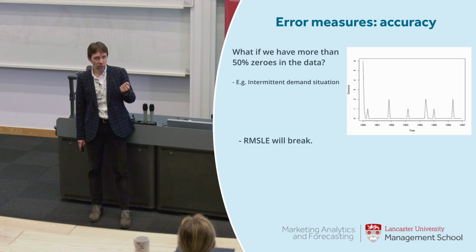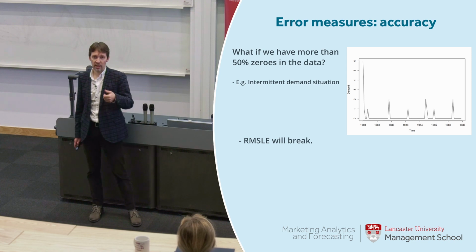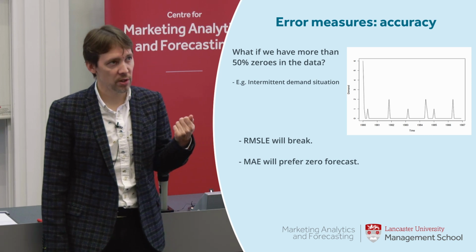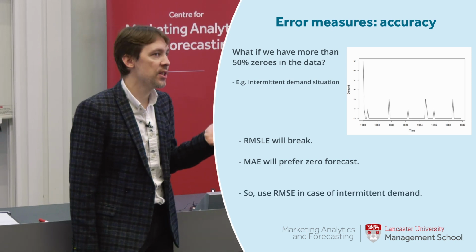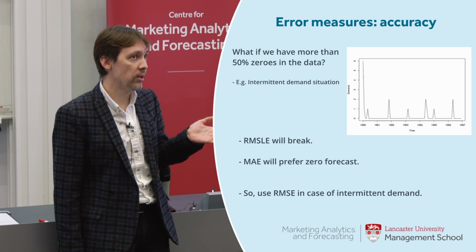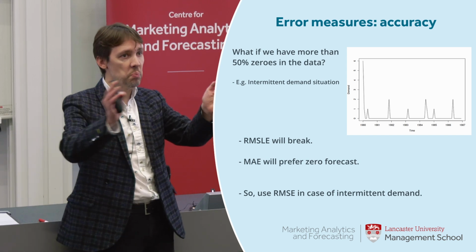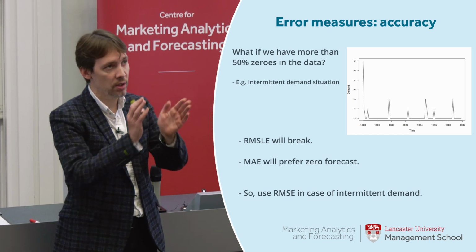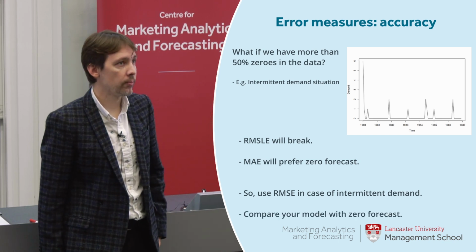Furthermore, root mean squared logarithmic error will just break, because as I said, it doesn't work with zeros. And mean absolute error will prefer zeros. So the only measure you can use in this situation is root mean squared error. At least if you're interested in point forecast performance, then this is the thing that you would want to have.